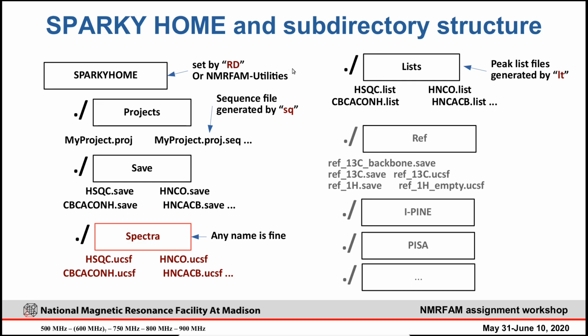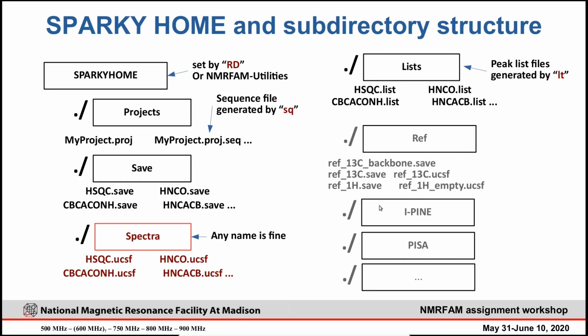Once you set it and relaunch the software, you will see the generated directory names: project, save, spectra, and lists. Other subdirectories such as the reference directory, ipine, psi, and so on will be automatically generated once you run the relevant functions in Sparky.